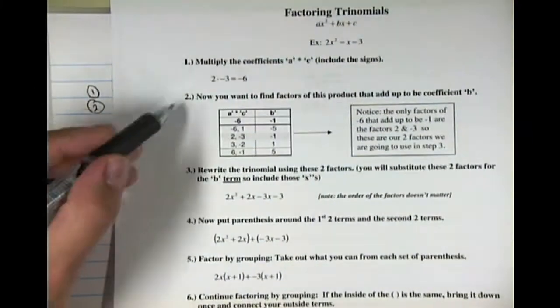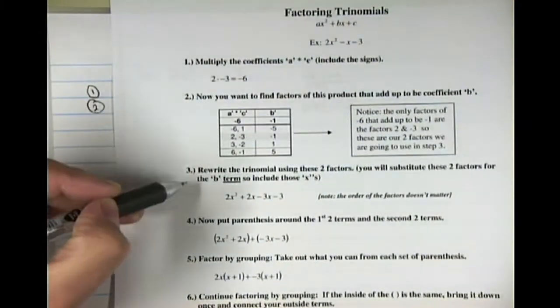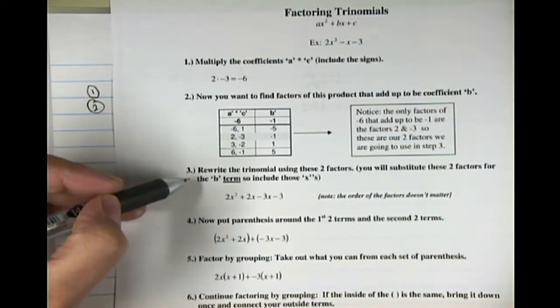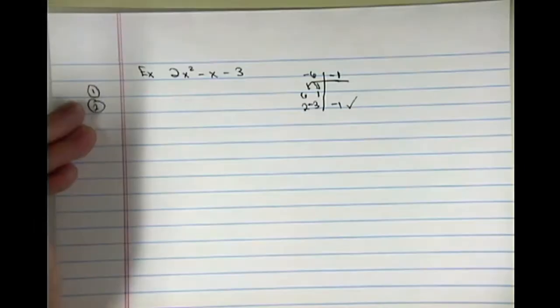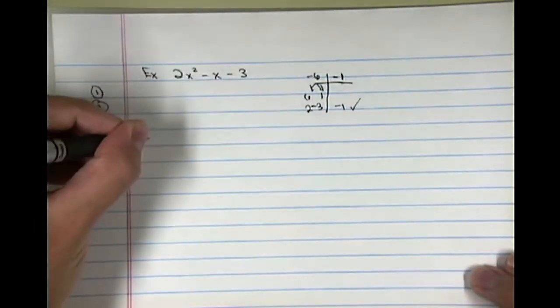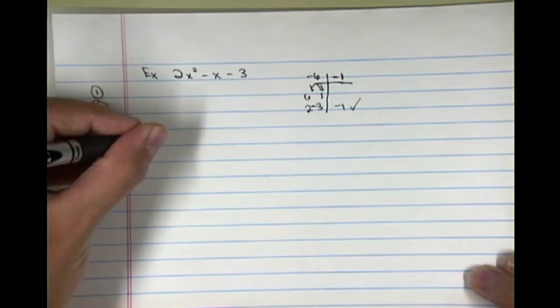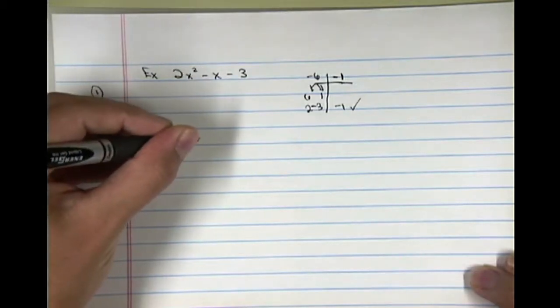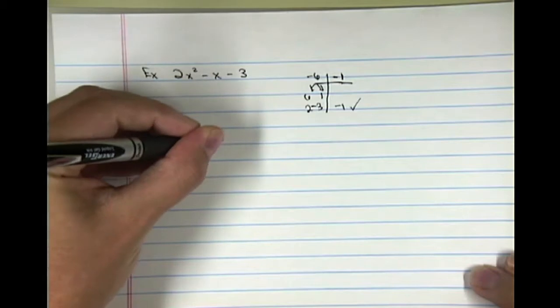which is step 2 on our handout. We found the factors, and now we want to rewrite the trinomial using these two factors, and we're going to replace the middle term with the two factors. So here we go with our step 3 of the handout. We're going to rewrite the trinomial using the two factors we found, replacing only the middle term with them.